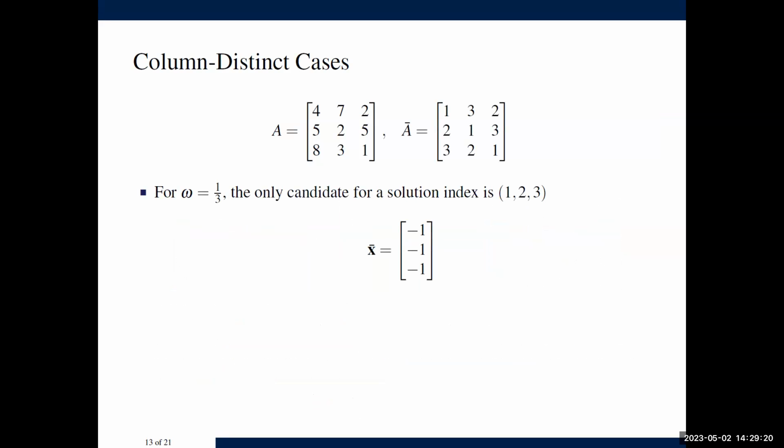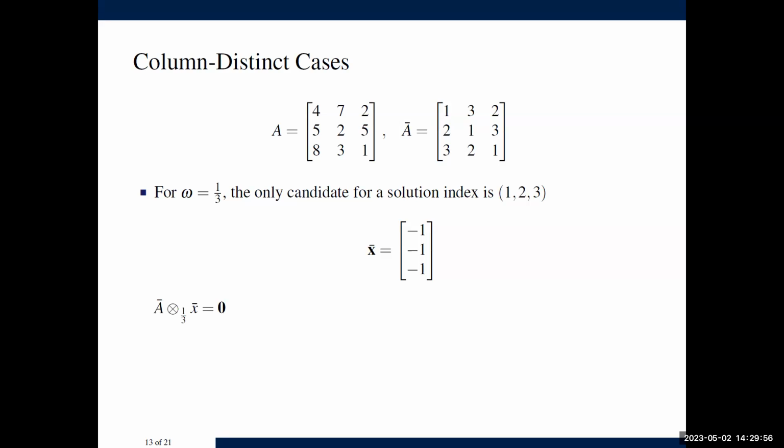Meaning that we find permutations, and when you compute the sum, it should be equal to 3. So the only possible permutation is when you pick 1 at the first row and first column, and then you take another one, which is the second row and second column, and then of course the third row and third column. The total is exactly 3, and then to find the solutions, put negative for all of them.